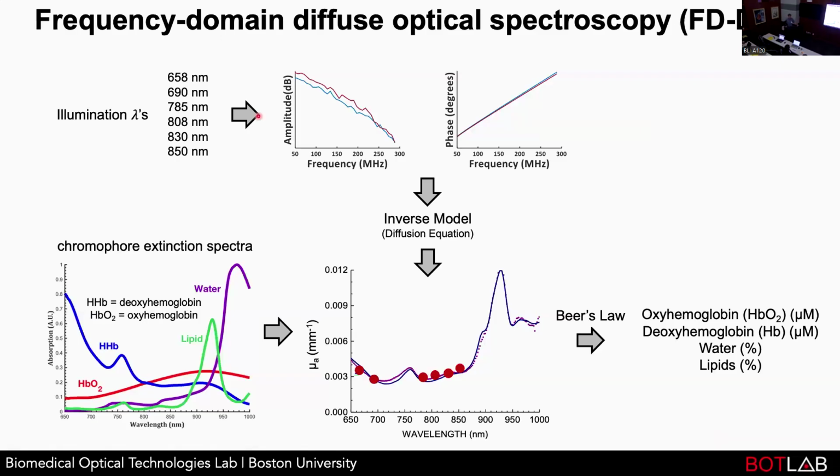And then you can play games where you're modulating each laser diode at a separate frequency, turning them on simultaneously, and then sweeping them in concert, and then disentangling all that information on the back end digitally, right? Because you can do Fourier transforms and calculate the amplitude and phase at any given frequency that matches with your wavelength. And this is a way to really speed up the measurement.